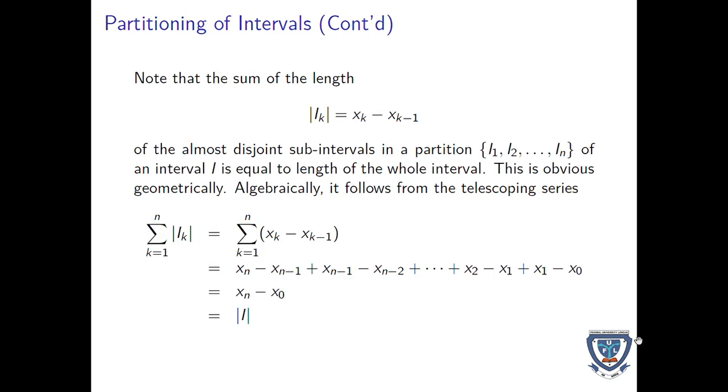Note that the sum of the lengths |I_k| of the almost disjoint subintervals in a partition of an interval I is equal to the length of the whole interval. This is obvious geometrically. Algebraically, it follows from the telescoping series, where the summation of the intervals will give us the interval itself.